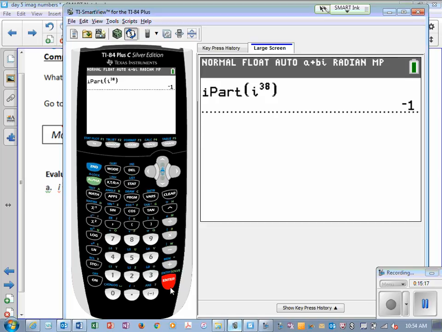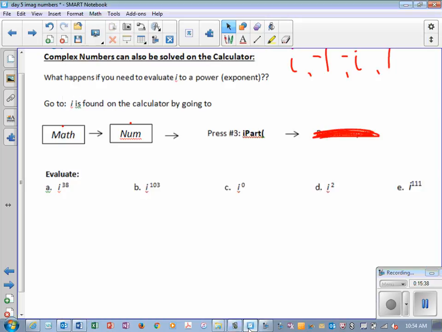What do we get? -1. It should be i, -1, -i, and 1, with the 2 in the middle negatives. All right. What was this? -1? All right.